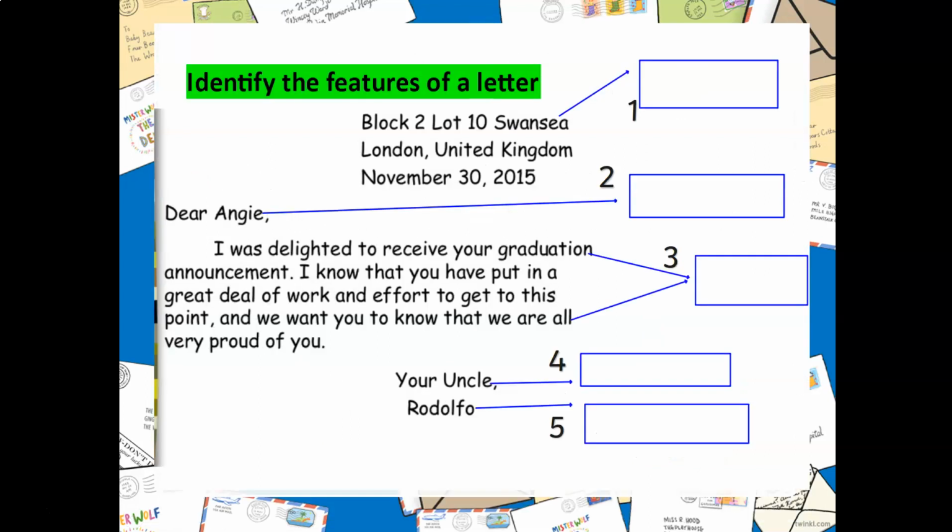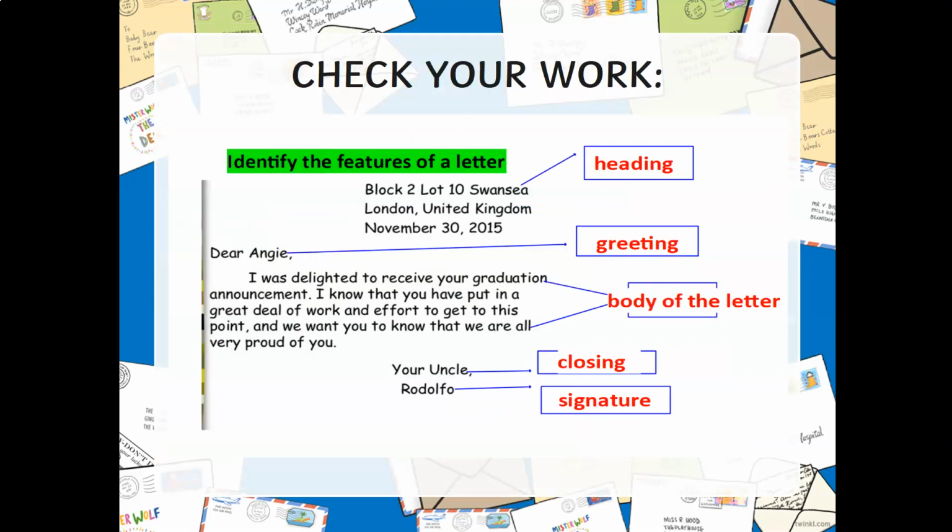Now, I would like you to identify the features of the letter. Identify which is number 1, what is number 2, 3, 4, and number 5. Pause the video and write your answer. Time is up. Here are the answers. Number 1 is called the heading.